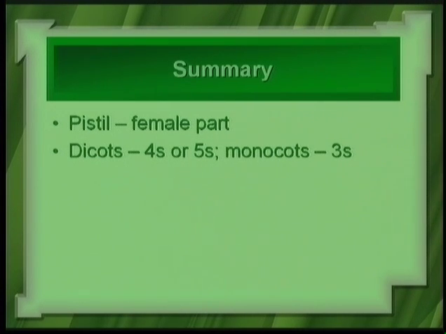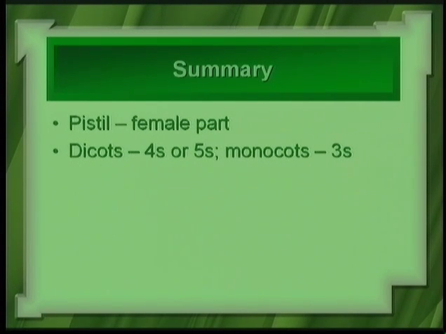And the pistil is the female part of the flower, the gynoecium, and it's made up of the sticky stigma, the style, and the ovary. The ovary is the place where you will have the embryo sac that produces the female gamete, also known as the egg.